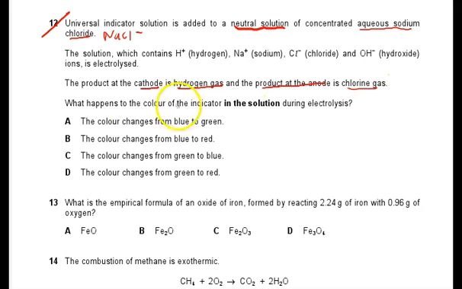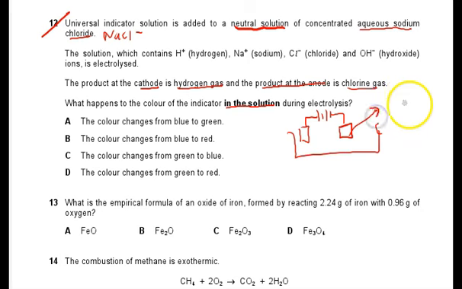Okay, what happened to the color of the indicator in the solution during electrolysis? If you look at it here, at these electrodes, at the cathode you'll be releasing hydrogen gas, and at your anode you'll have chlorine gas. So look at the remaining ions here: we have sodium and also hydroxide.